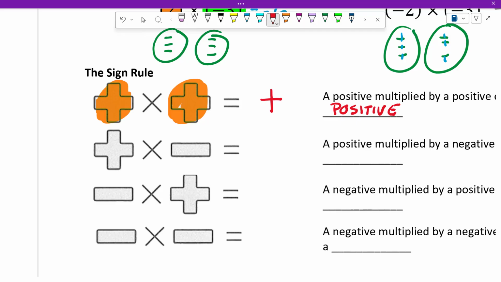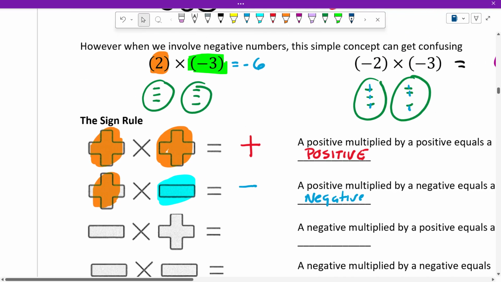Now, if you have a positive times a negative, the answer is negative. This is sort of like the question we did up here. A positive times a negative, so two groups of a negative just gives us a negative.